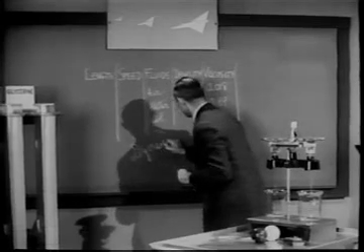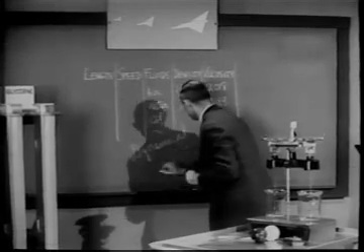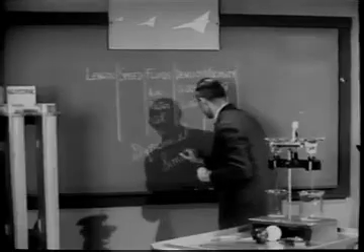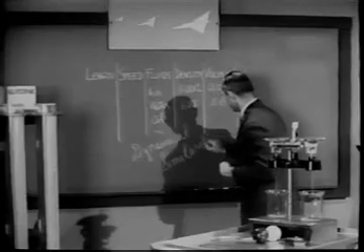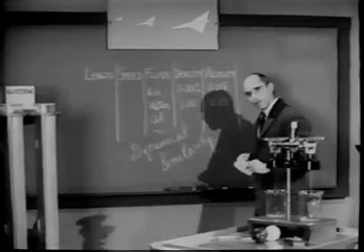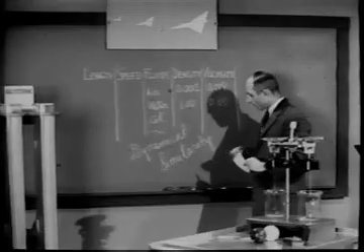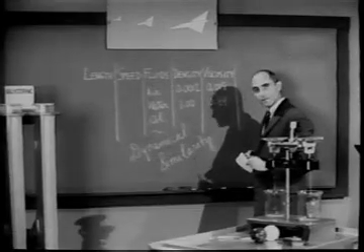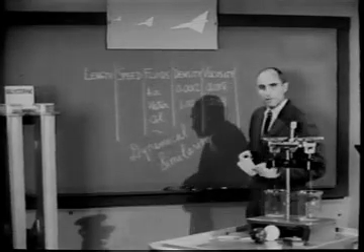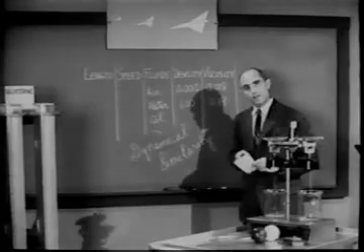Now, different experiments are dynamically similar only if a special combination of these quantities is the same. That combination is the density times the speed times the length, all divided by the viscosity.